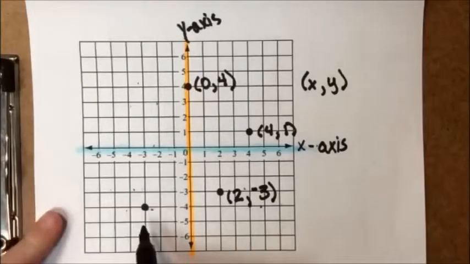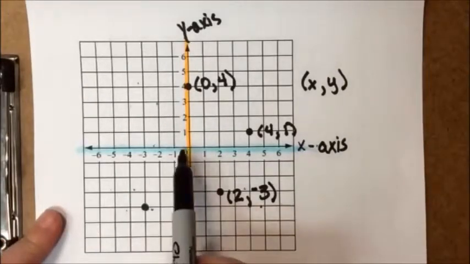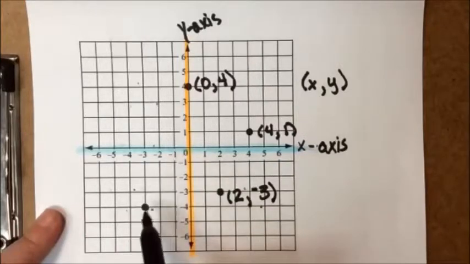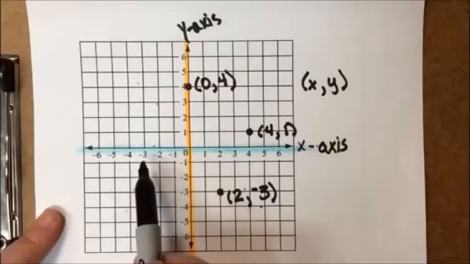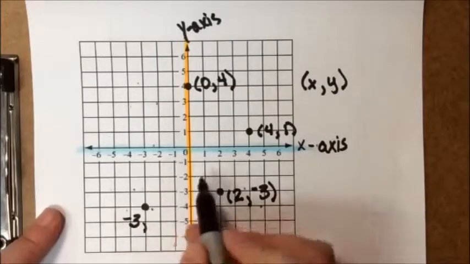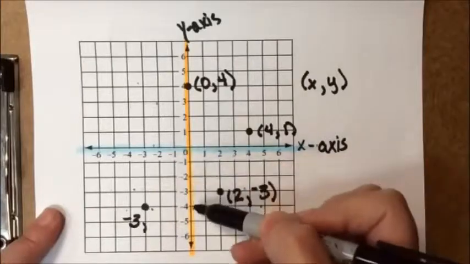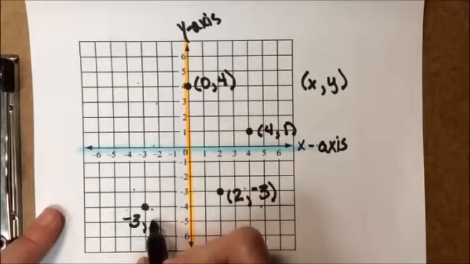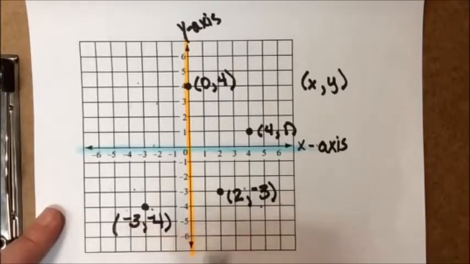Now, for my last point that I'm going to identify, I see from where it is located, it's to the left of 0, which means it's got an x value of negative 3. And I also notice it's below 0, so I have a negative y value as well, and it goes down to negative 4. So my ordered pair is negative 3, negative 4.